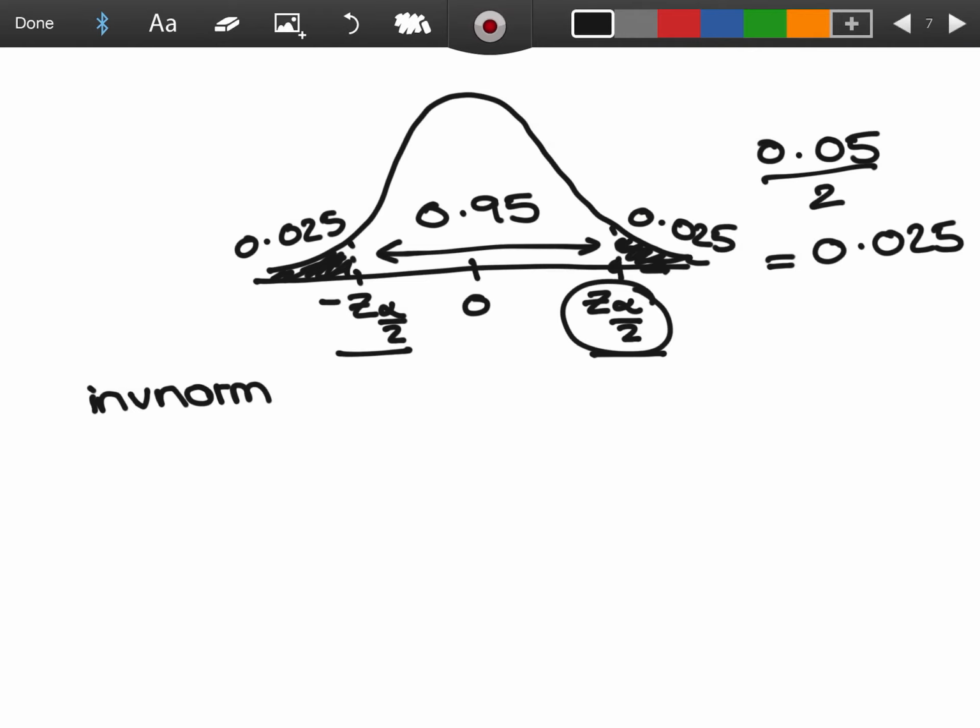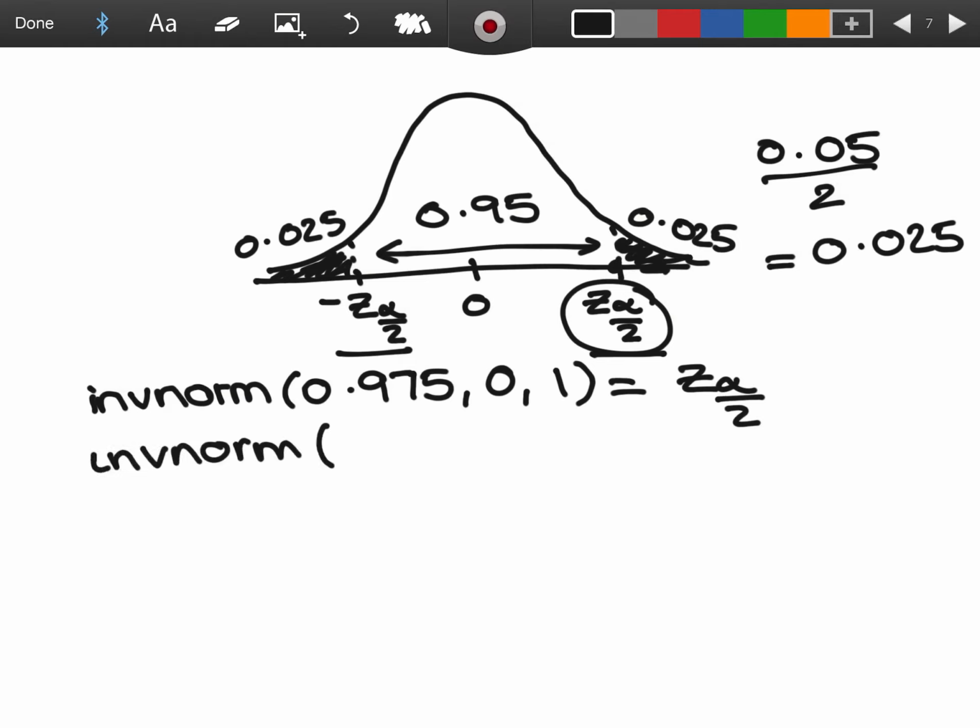Okay. So what I can do, let's say I'm looking for this value here. You plug in the entire area that's to the left of that value, which in this case is 0.975. Your mean is 0, standard deviation is 1. That would give you z of alpha over 2. The other way that you could do it, if you're trying to find z of alpha over 2, just plug in this 0.025, a mean of 0, standard deviation of 1.